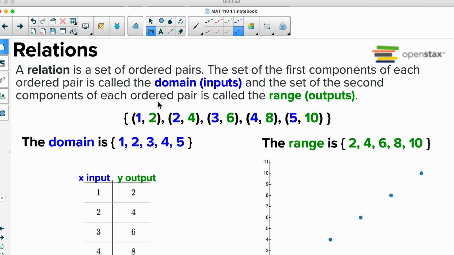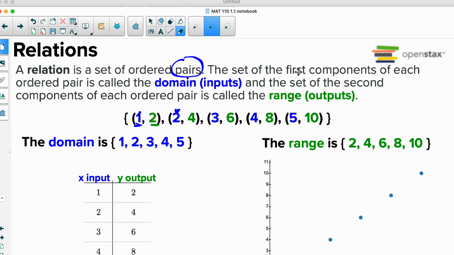So a relation or a relationship is a set of ordered pairs. And there's two pieces that are sort of implied when we talk about pairs. We've got inputs and we have outputs. Another definition of the inputs is that we call them the domain. So each one of these first entries here, the inputs, are part of the domain of this function.